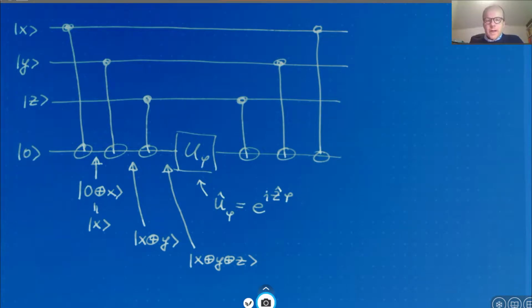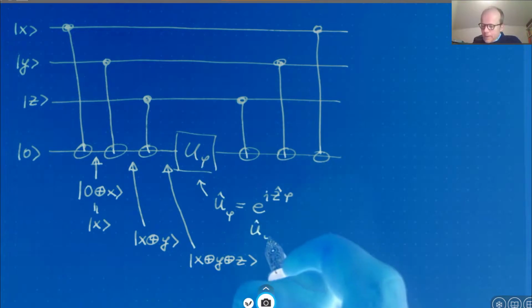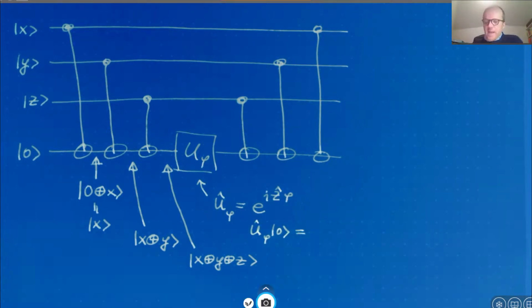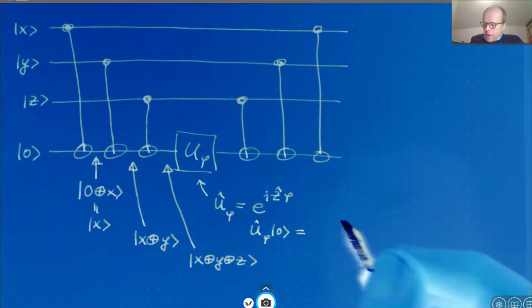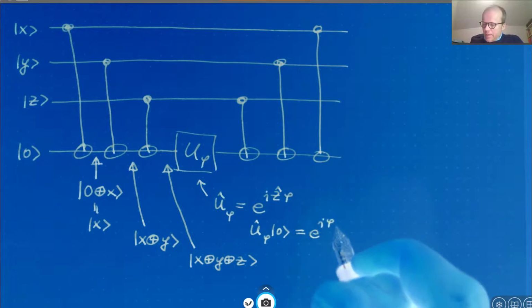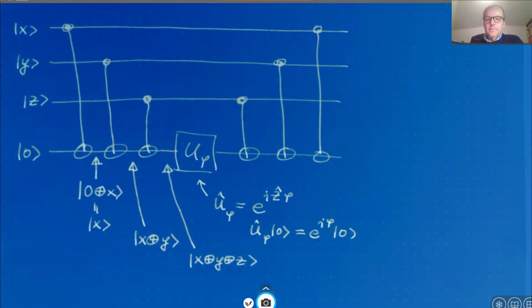Now, what is the effect of such a unitary transformation on a basis state? If this is applied to the basis state 0, the basis state 0 is an eigenstate of Pauli z with eigenvalue +1. So this gives e to the I phi times 0.